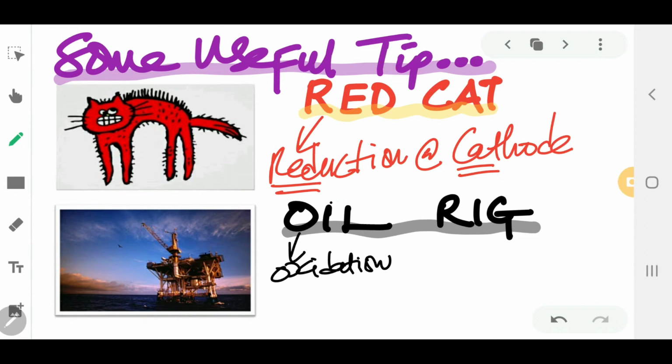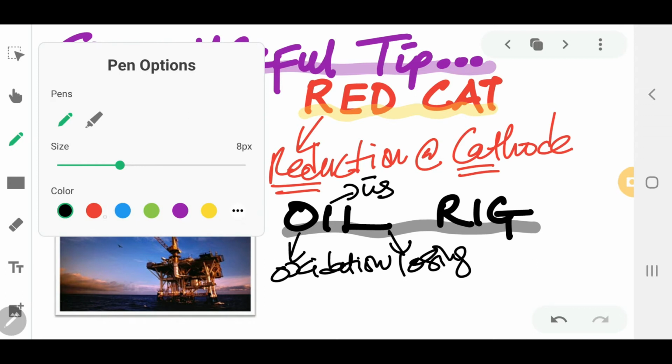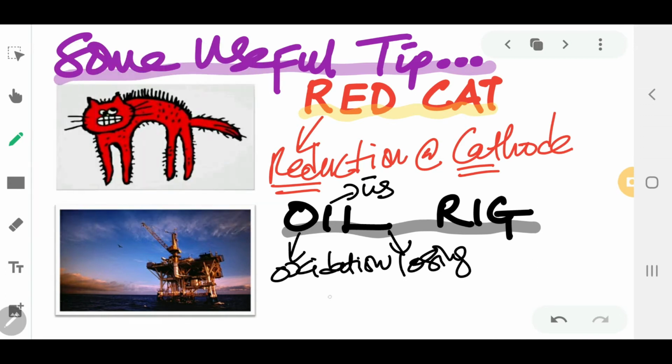Okay. And I over here is, and L over there is losing. Then you're going to add information, electrons. Okay, so oxidation is losing electrons.